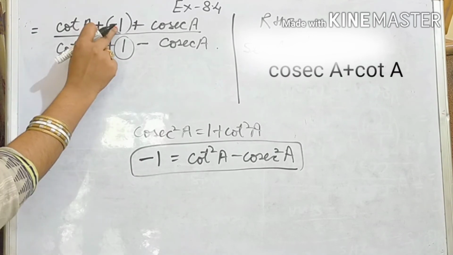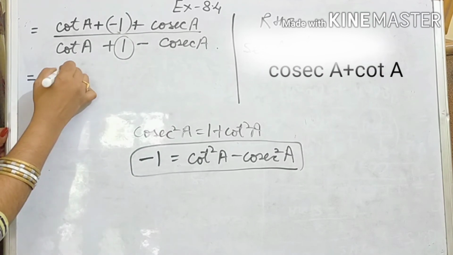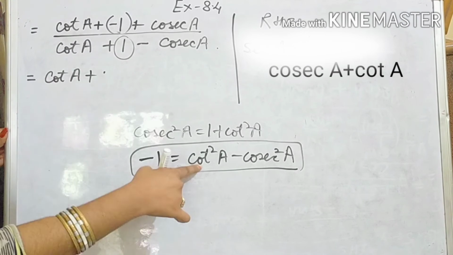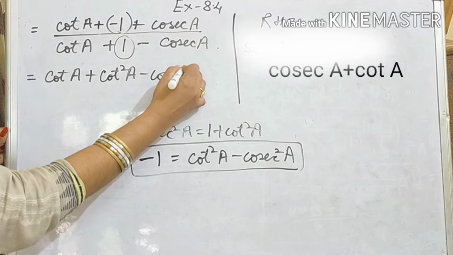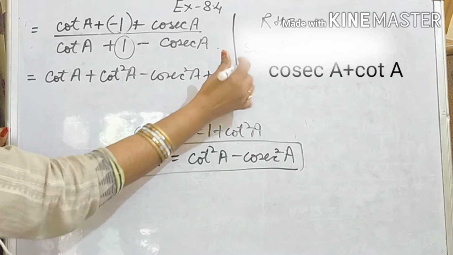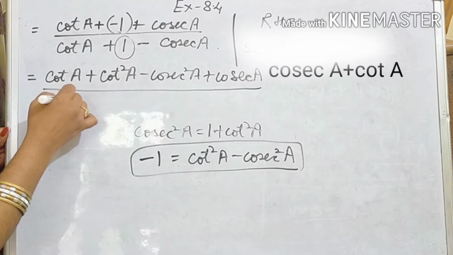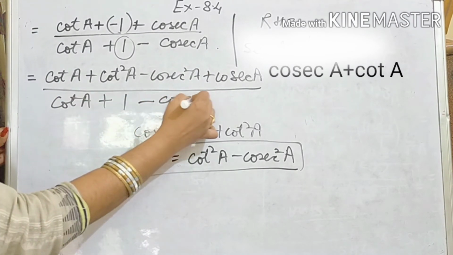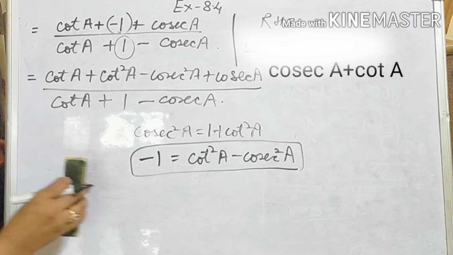So now I'm putting this value of -1 from here, and this will be cot a plus this one plus cot square a minus cosec square a plus cosec a, divided by this cosec a, and I'm not going to do anything in the denominator, okay?